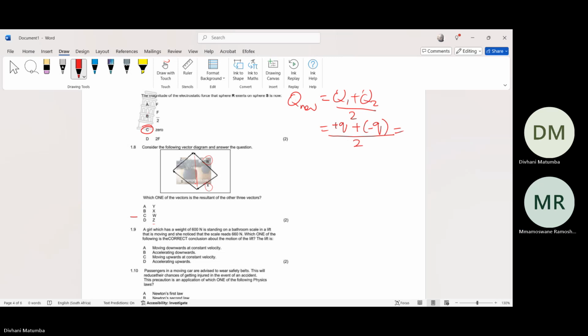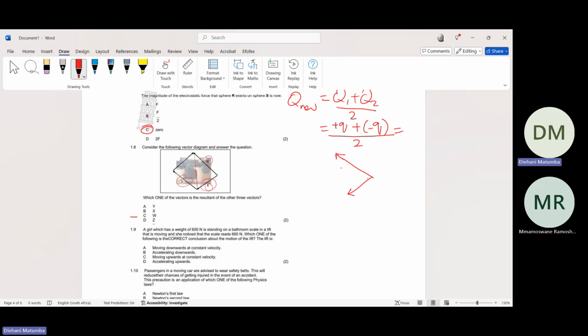I don't know where to go from here. If I take X and Y, I will have something like that.